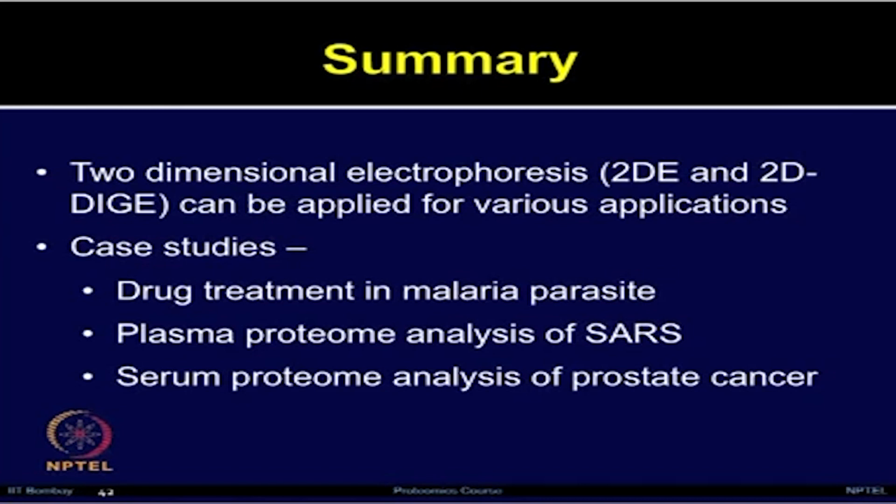And after looking at these 2 conventional proteomic analyses using 2DE, we discussed the DIGE technique. The overview of 2D DIGE was discussed, and then we talked about how we can use this technique for more applications. Then as a representative example, we took the study of prostate cancer, the serum proteome analysis.